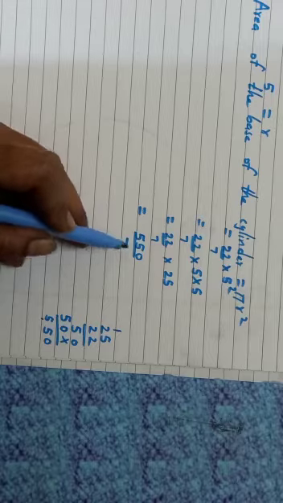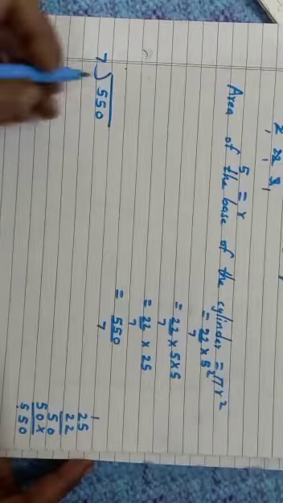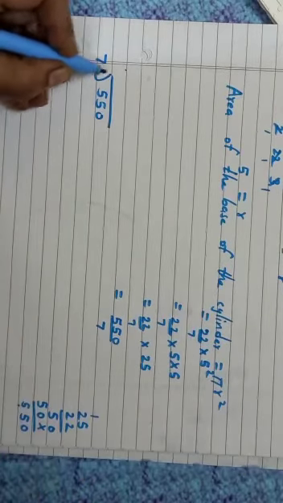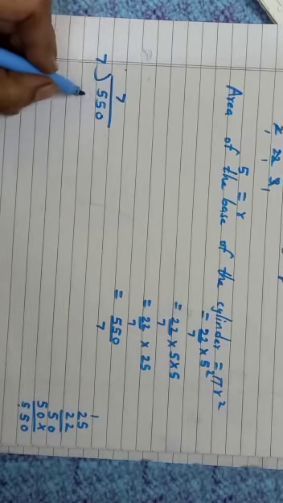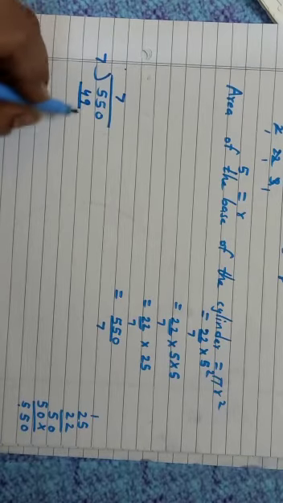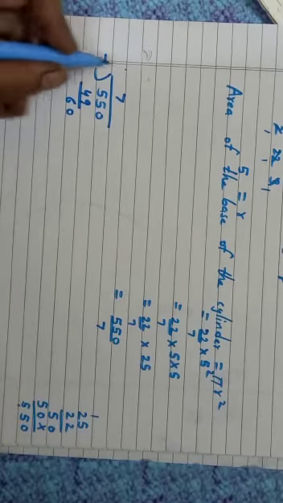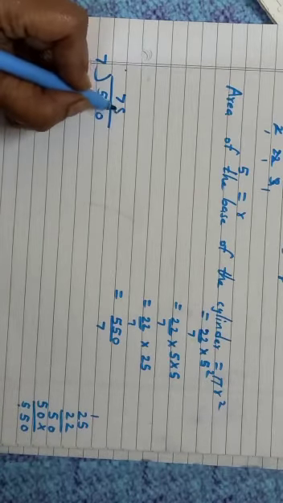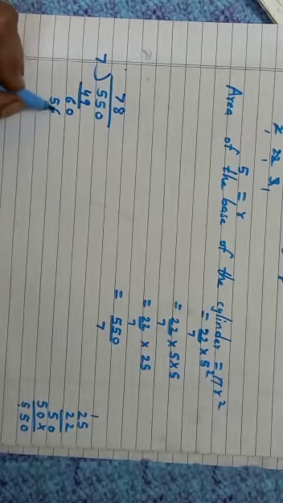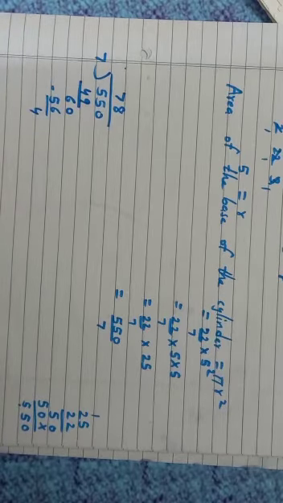Now divide 550 by 7 and get your answer. 7 sevens are 49. Then 7 eights are 56, 10 minus 6 is 4, and 1 we have taken from here.